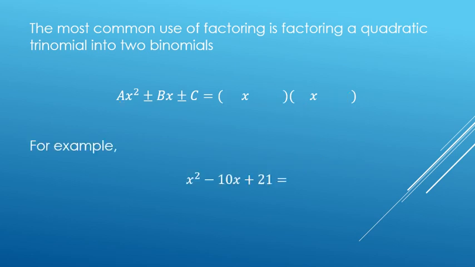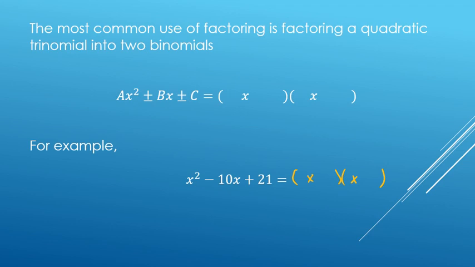So here I have x squared minus 10x plus 21. And I want to break this down into the product of two binomials. So set up my parentheses here. There's an x there, and there's going to be an x there.